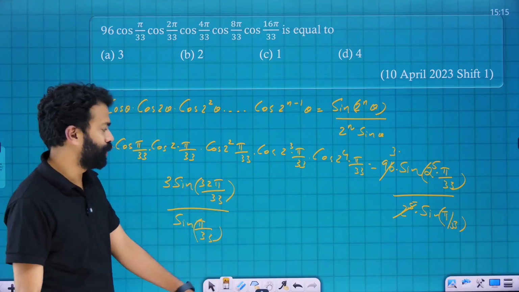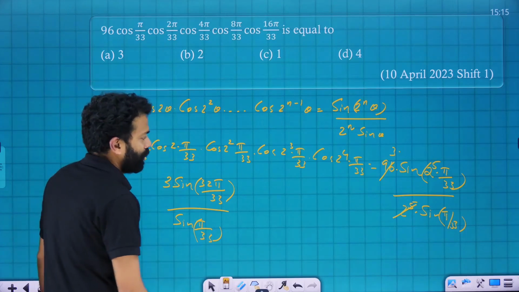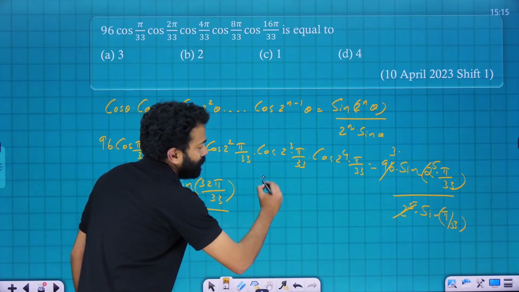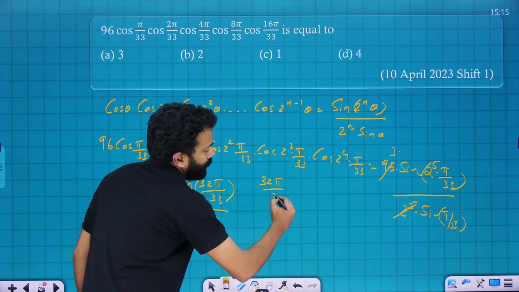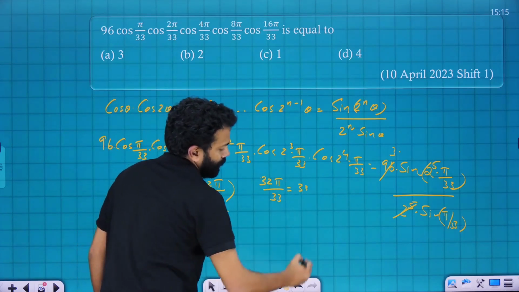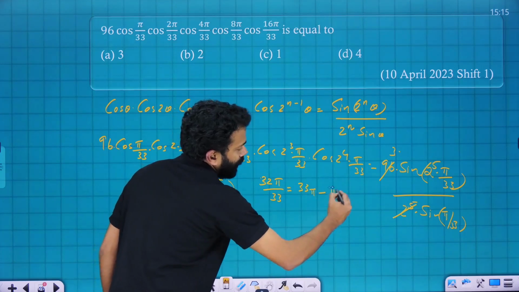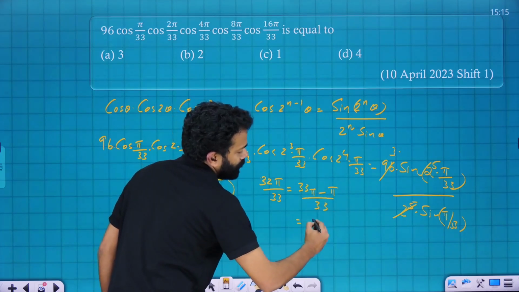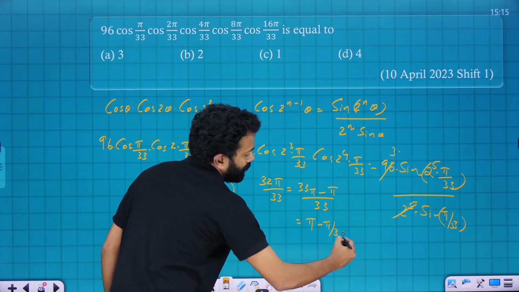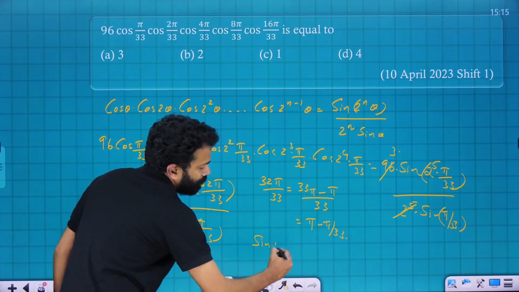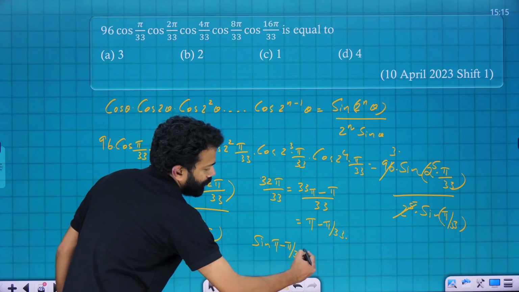What is the value of sine 32 pi by 33? Okay, that can be written like this. 32 pi by 33 can be written like 33 pi minus pi divided by 33, that is pi minus pi by 33.